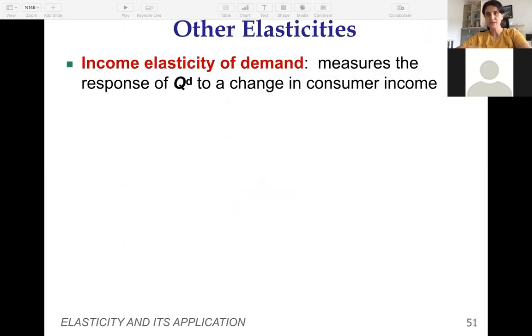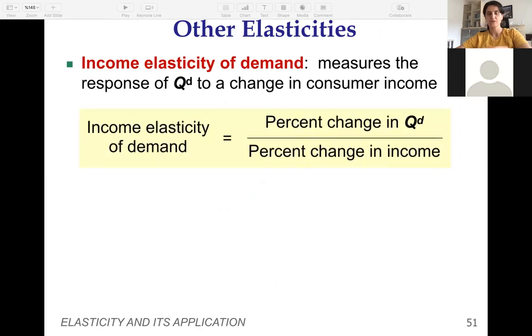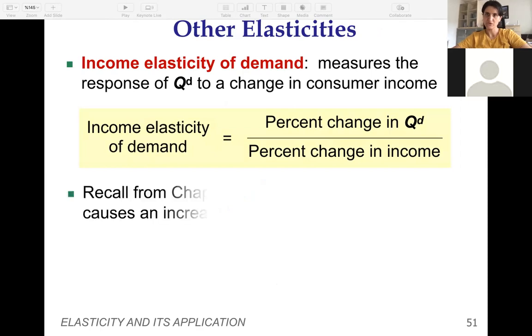Other elasticities: income elasticity of demand measures the response of QD to a change in consumer income. We can write it with this formula, percentage change in QD as a response to percentage change in income. Again, for the percentage change, we are using the midpoint formula.